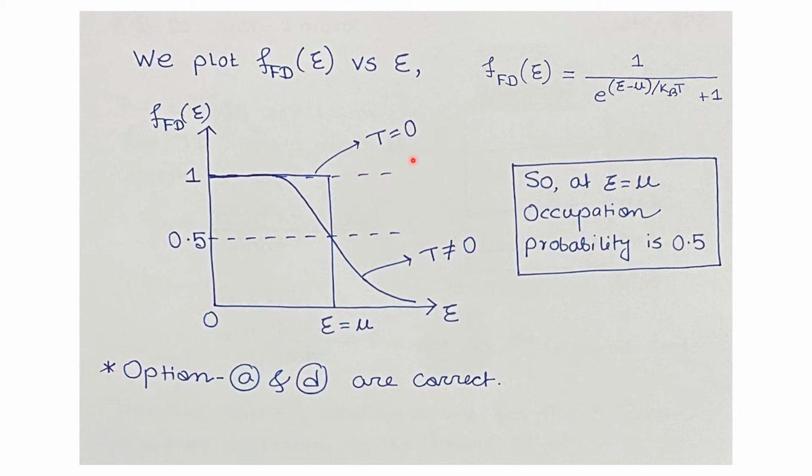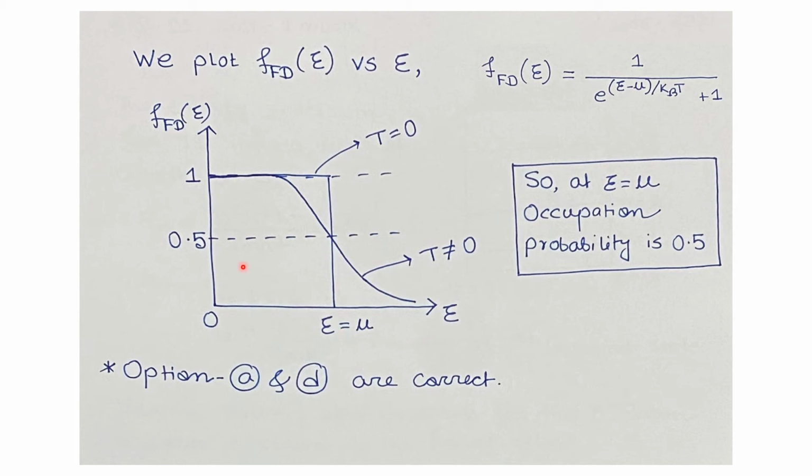It means all the fermions will be accommodated at the energy levels less than the chemical potential for T equal to 0 Kelvin. But for T not equal to 0, the plot will be a decreasing function of energy. Physically, this means some fermions will be thermally excited to energy levels higher than the chemical potential.